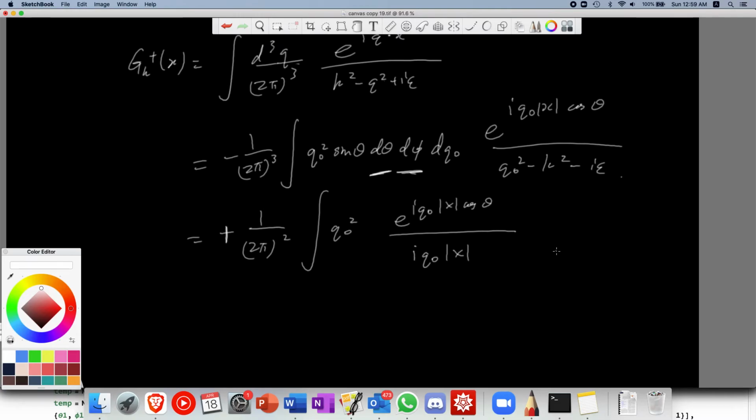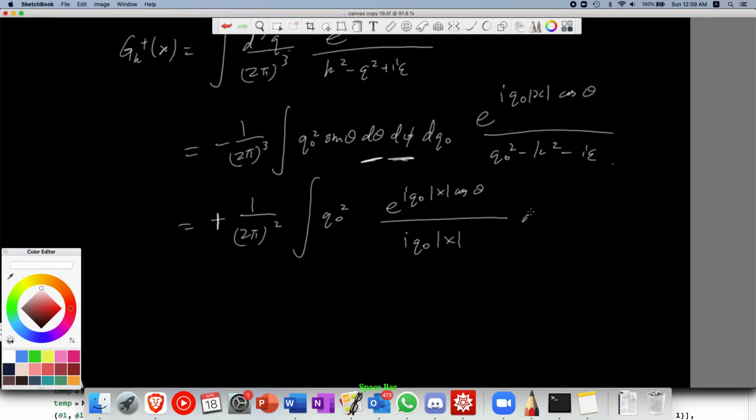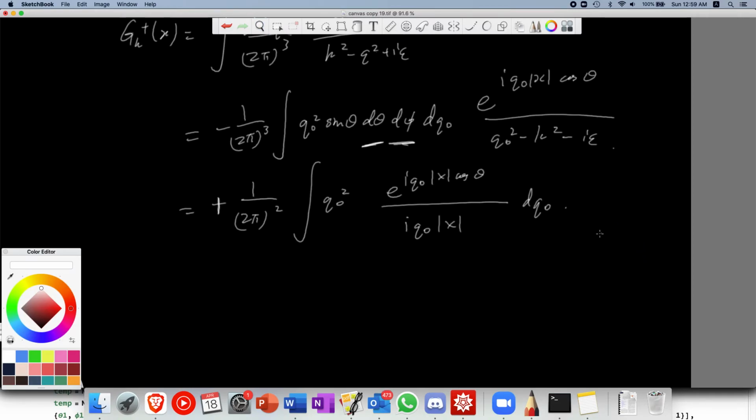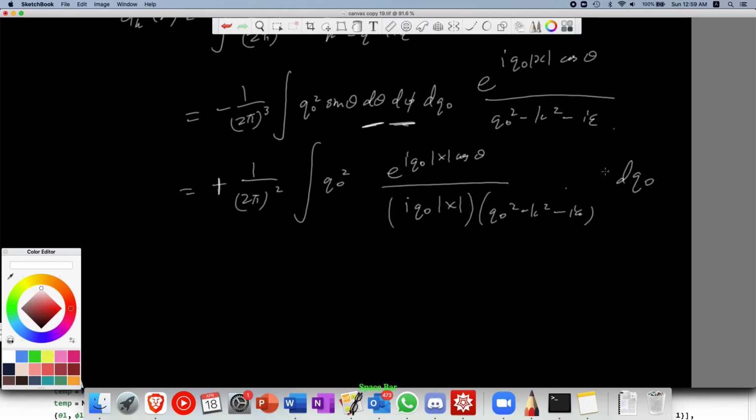Then this is dq naught, and also of course there's the q naught squared minus k squared minus i epsilon, dq naught. Then we shall cancel some terms. So this squared cancels with this. 1 over i gives us minus i.